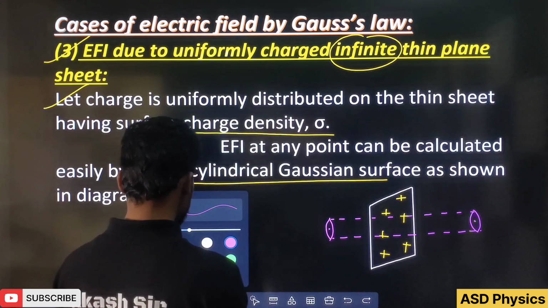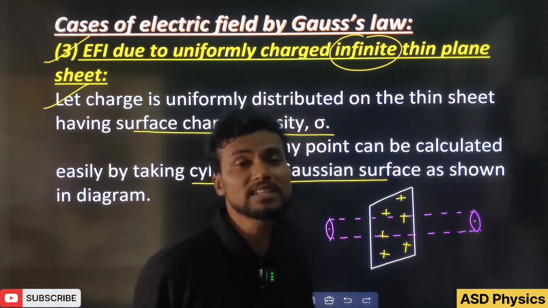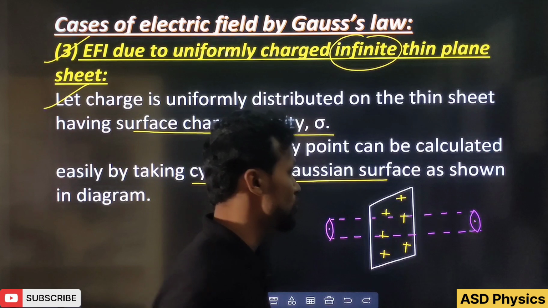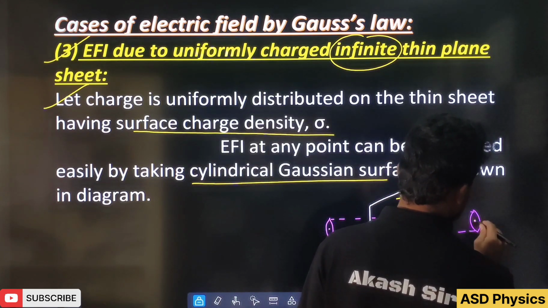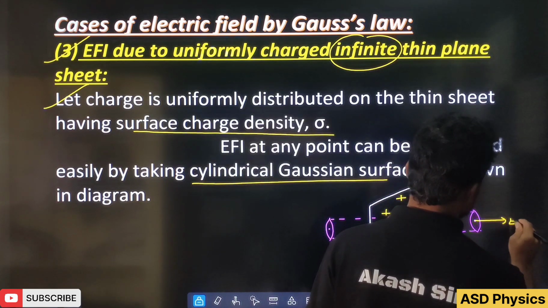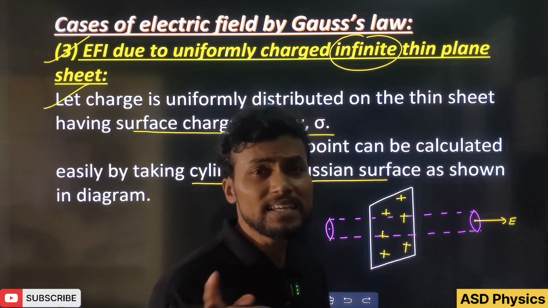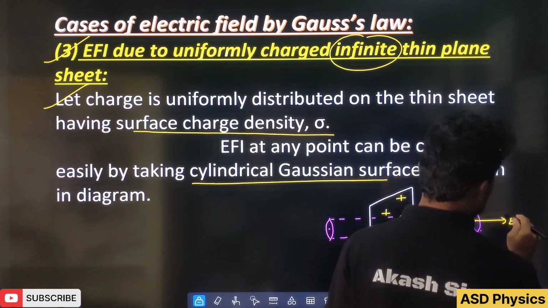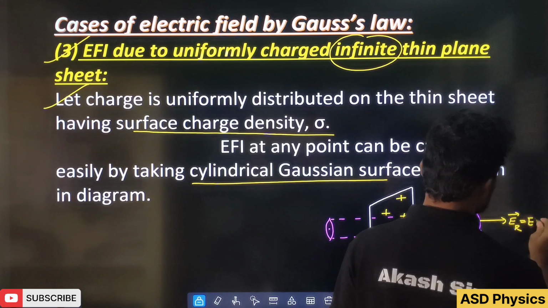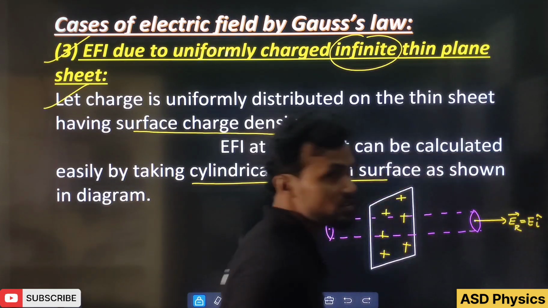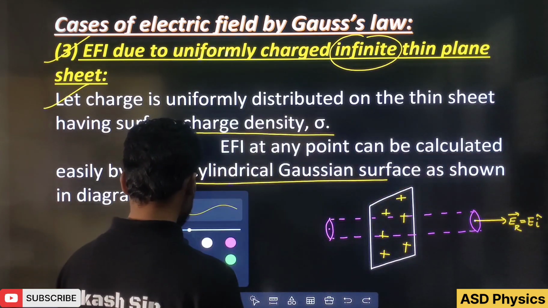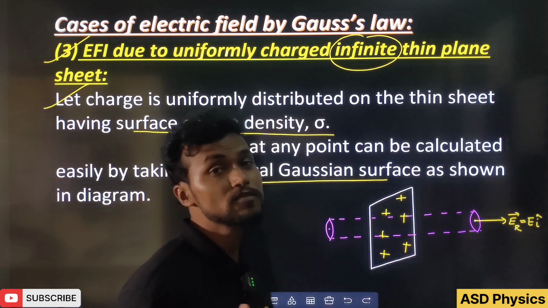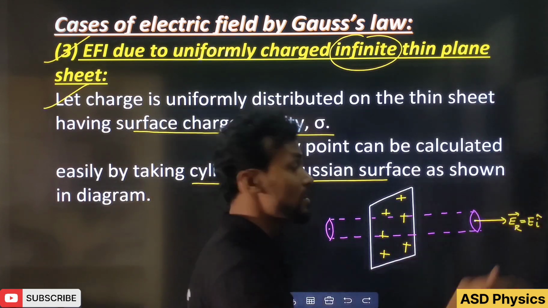If I talk about the electric field, you know very well the electric field is always away from the positive charge. That means at this point the electric field is in this direction. In vector form, E right equals magnitude E in direction i cap. Similarly, the area vector of a closed surface is always outward.